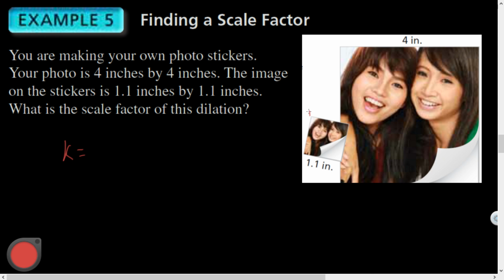This is the image, and this is the pre-image. Yeah, so I do the image over the pre-image. That looks like some sort of serious emoji text face or something if you could put fractions in texts effectively. In simplest form, this is 11/40ths, by the way. So it's 11/40 scale is what that would end up being.